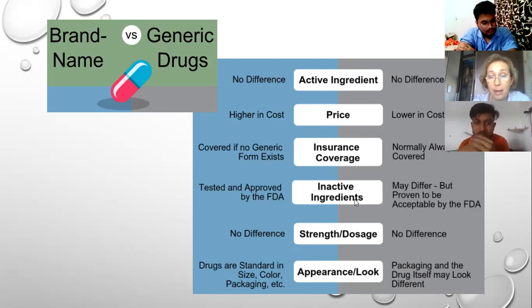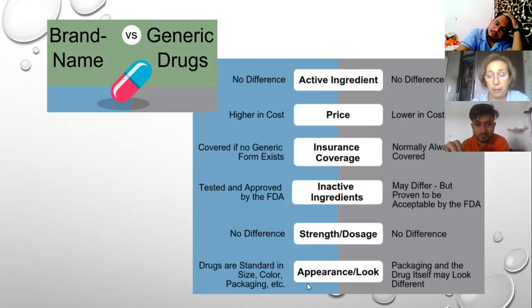As for inactive ingredients, the brand name drugs are tested and approved by the agency. And generic drugs may differ, but are also proven to be acceptable by the FDA. As for strength and dosage, there is no difference.